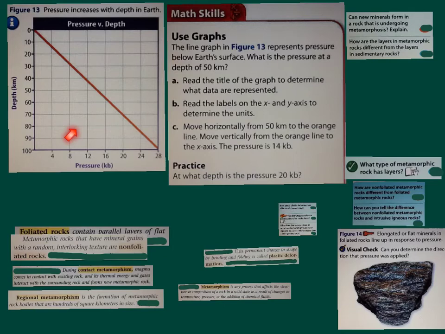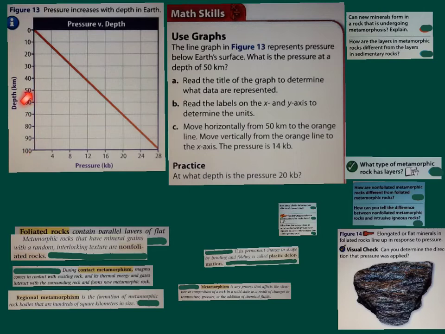It asks, what is the pressure at a depth of 50 kilometers? These are measured for the depth in kilometers. So what it says to do, you're following the instructions A, B, and C. You are going to take a look over here and see if you can find 50 kilometers. That's pretty easy since it's already marked.